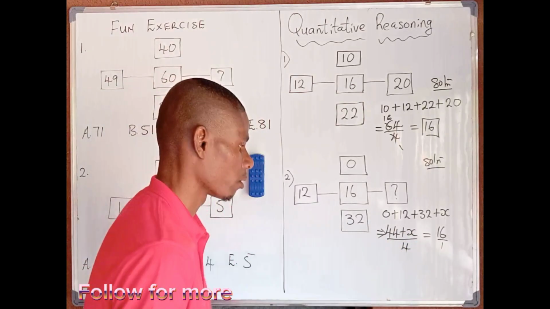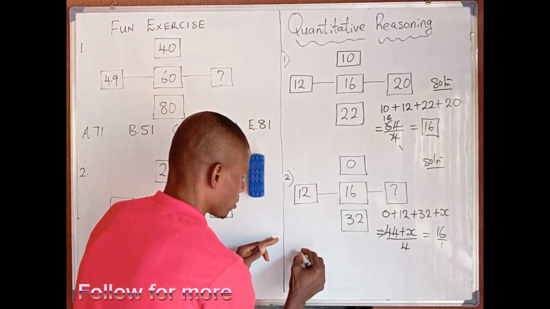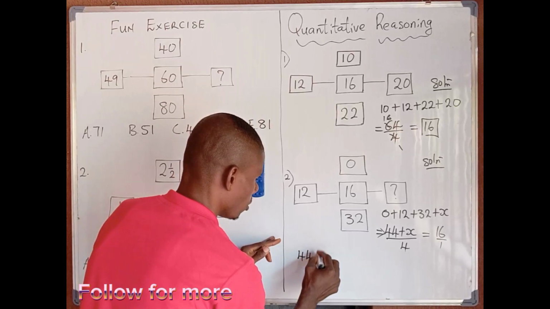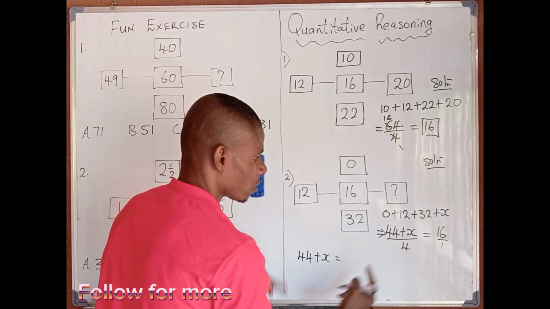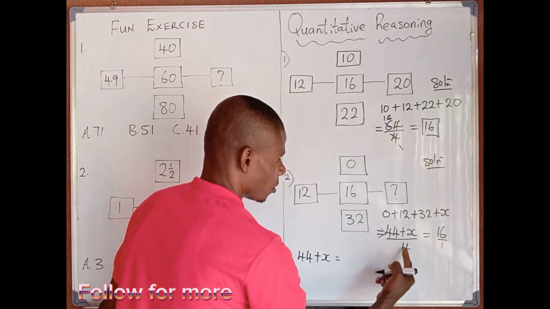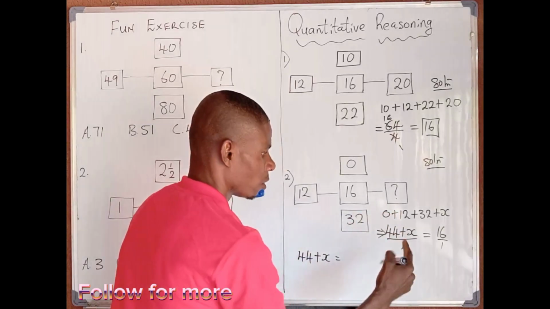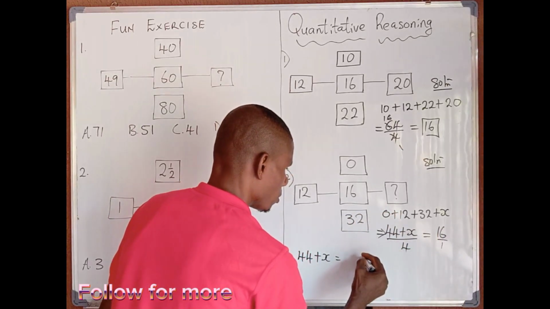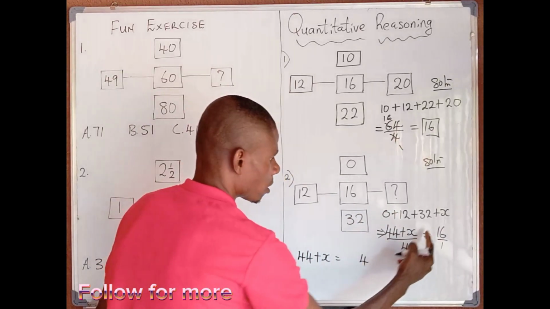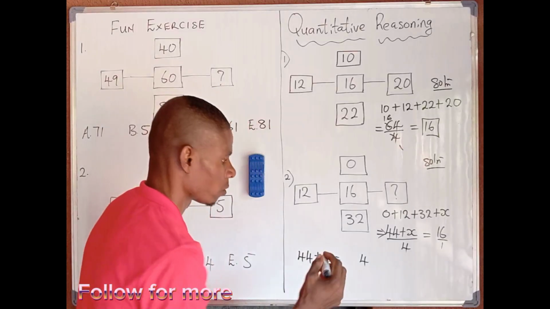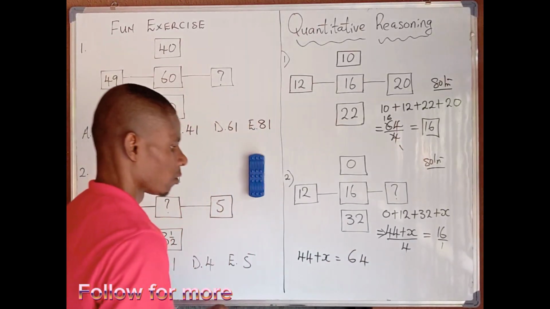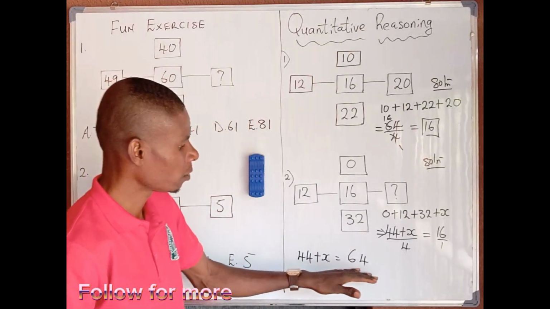So 1 times 44 plus x, so 44 plus x will be equal to 16 times 4. Let's pick it one after the other. 4 times 6 is 24, 4 carry 2, 4 times 1 is 4, plus 2 is 6. So this is now a simple equation.